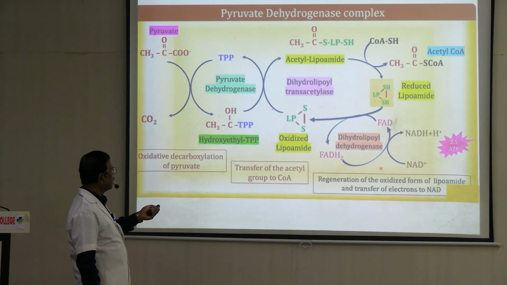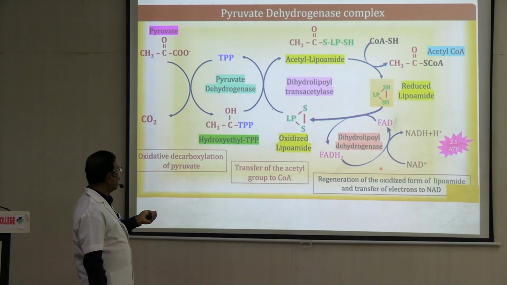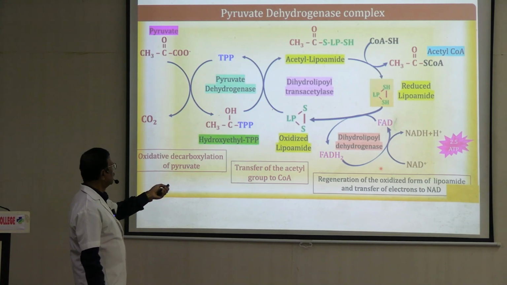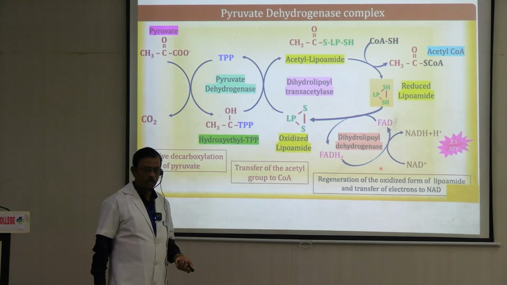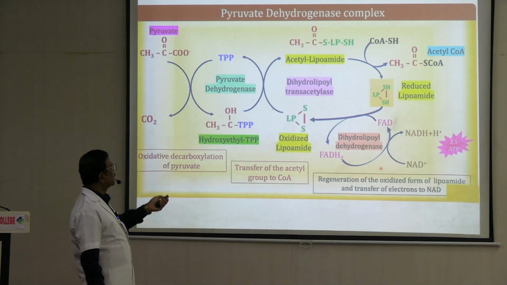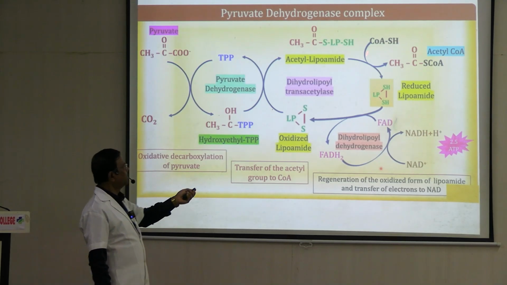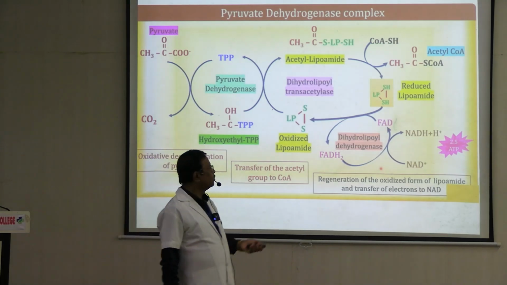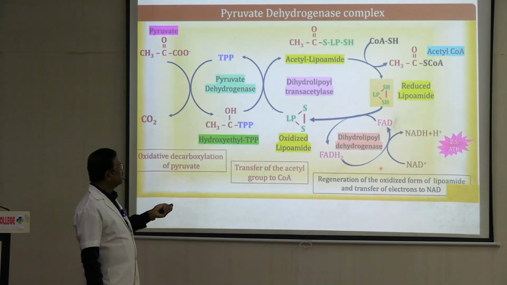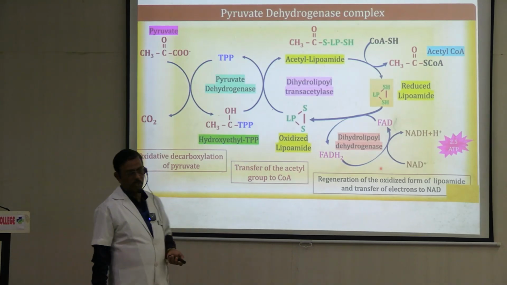This reaction is catalyzed by pyruvate dehydrogenase, and this transfer is by dihydrolipoyl transacetylase. Now the same enzyme, dihydrolipoyl transacetylase, transfers the acetyl group again to coenzyme A to form acetyl-CoA. And this lipoamide becomes reduced lipoamide.